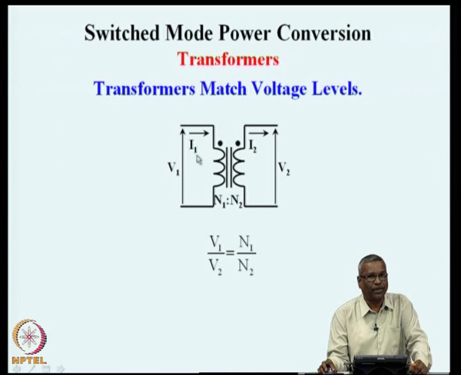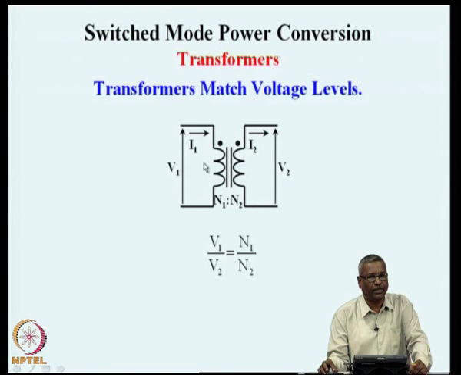And from one part of the circuit, the transformer is excited with a certain voltage, and this voltage sets up a flux in the core, and the rate of change of flux determines the voltage across the winding, primary winding as well as the secondary winding.